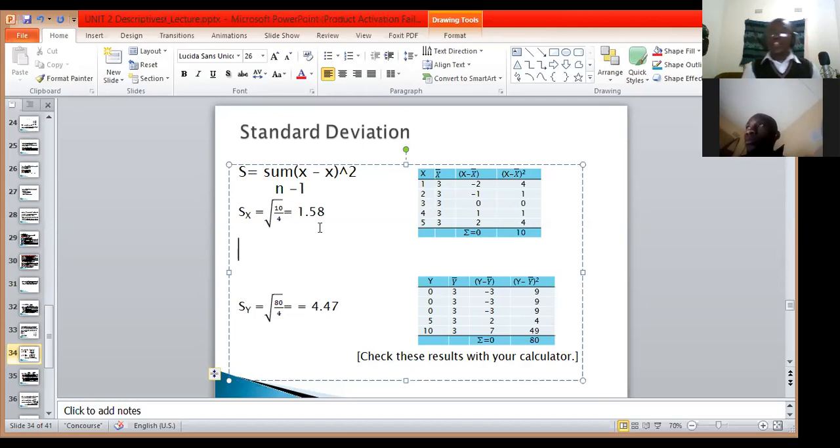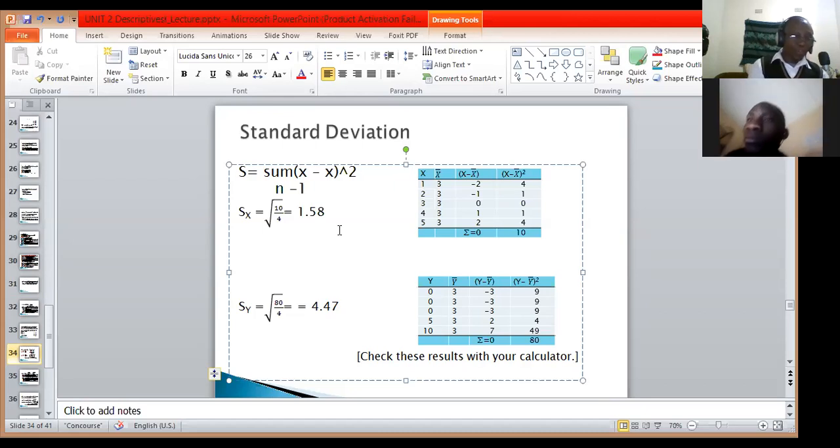Now, if we were calculating the variance, it would have just been 10 divided by 4. That should have been our variance. But because the standard deviation is the variance under the root, we need to find the square root of the variance. That is our standard deviation.